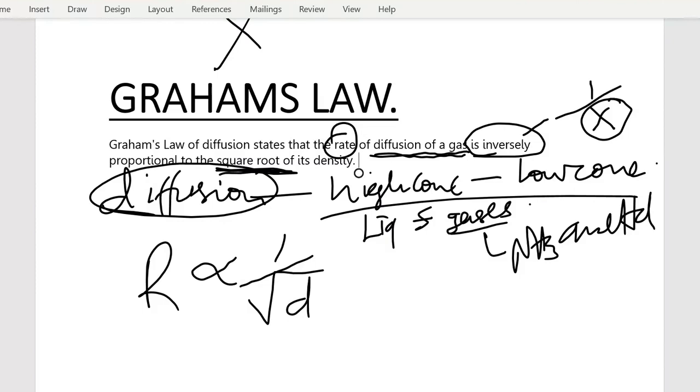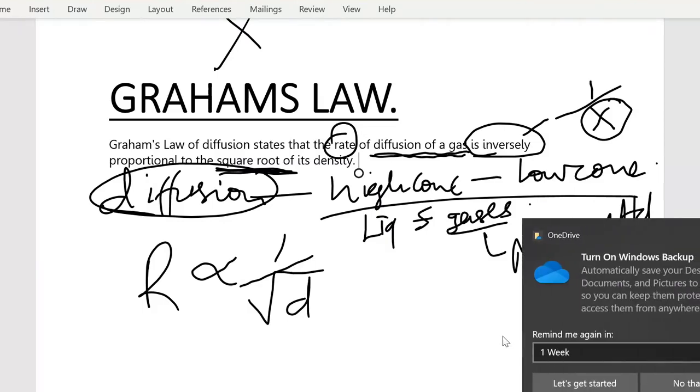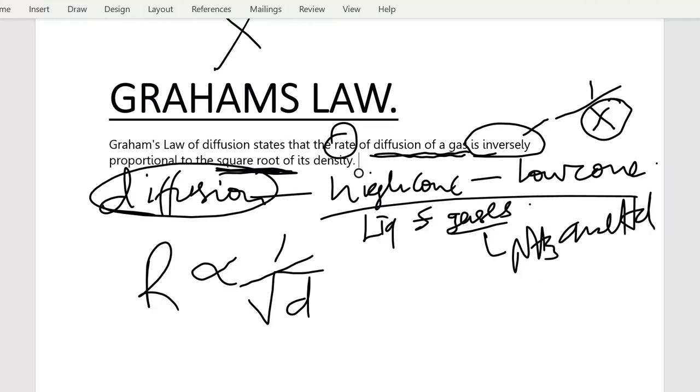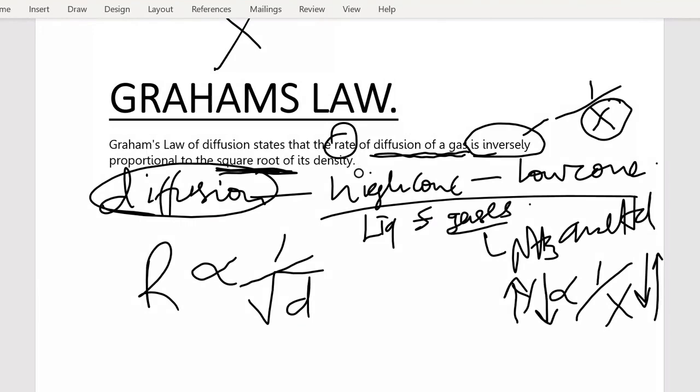Just to remind you, when we talk of something being inversely proportional, say y is inversely proportional to x, it is 1 over x. You increase one, the other one decreases.